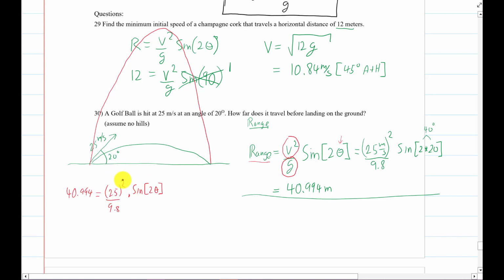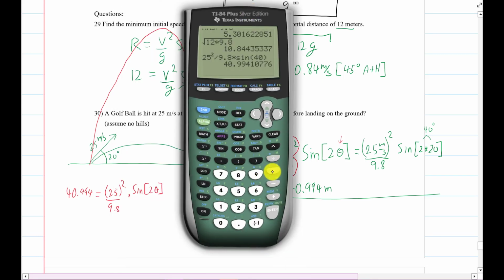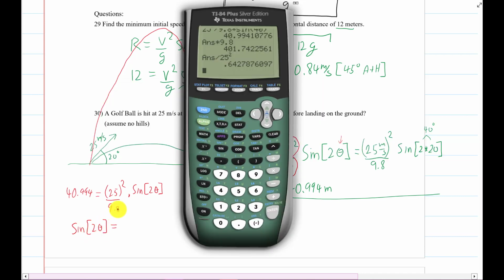So if we go through all this, multiply this by 9.8, and then divide it by 25 squared. That means the sine of 2 theta has to equal 0.64278.